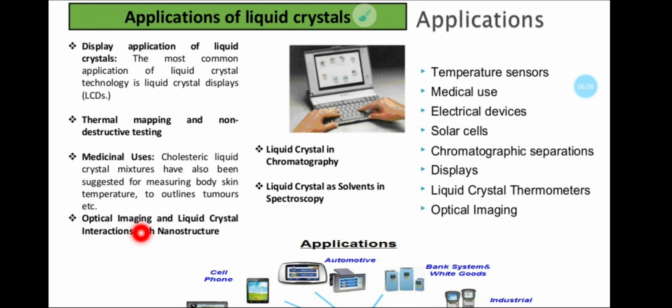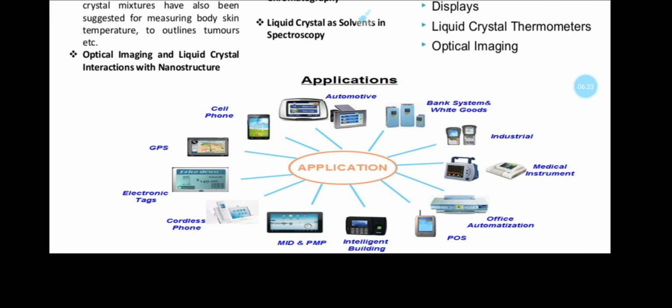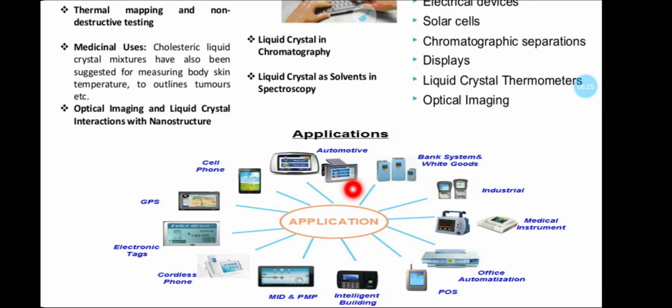Then it is also used in optical imaging, and liquid crystal interaction with nanostructures can also be useful. It is used in chromatographic techniques. It is used as a solvent for different spectroscopic techniques, and it has a number of applications as an LCD display.